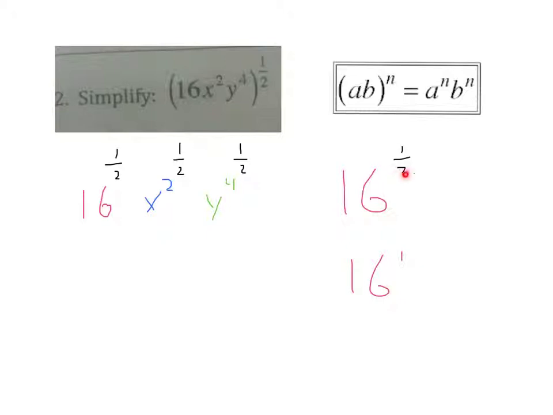And then we take the denominator of that fraction, and that is what we are going to take the root of. So we are going to take the second, or the square root of 16. So the square root of 16 is 4. So to recap, 16 raised to the 1/2 power means the square root of 16, which is 4.